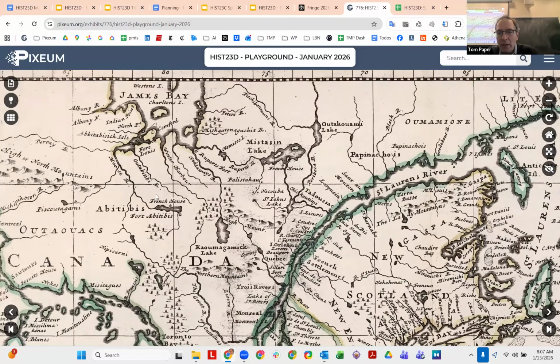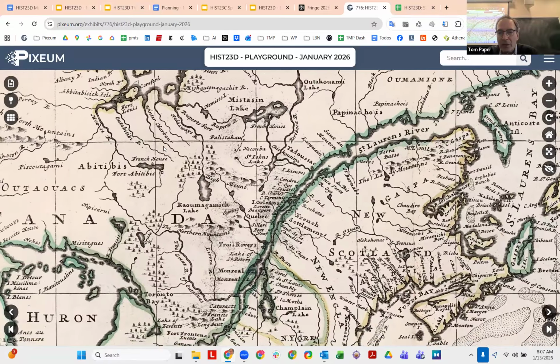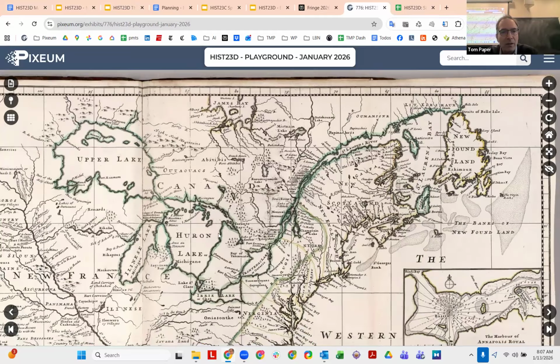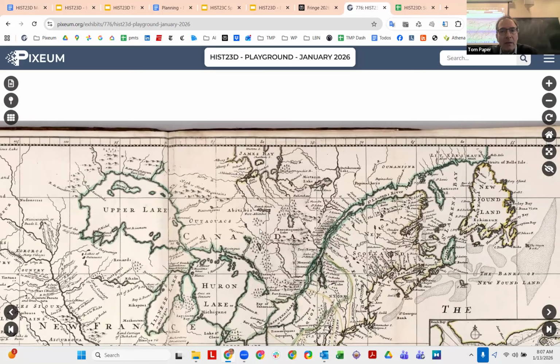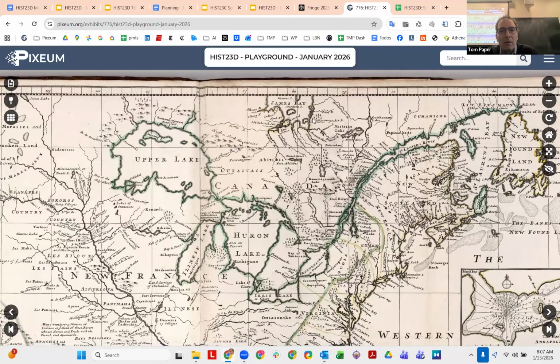Green is France. Maybe there was no established border, maybe it was in flux. Henry Hudson, 1610, made it to Hudson Bay, so I think they continued to claim that. But I don't know what the border was.